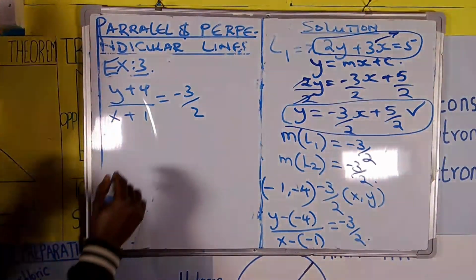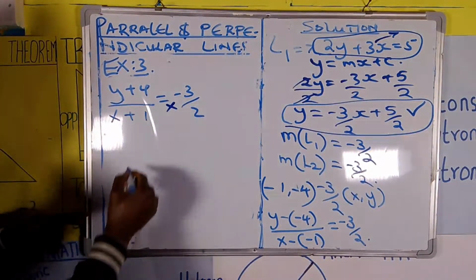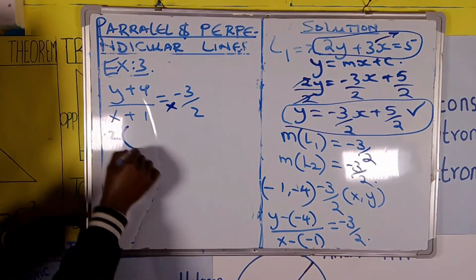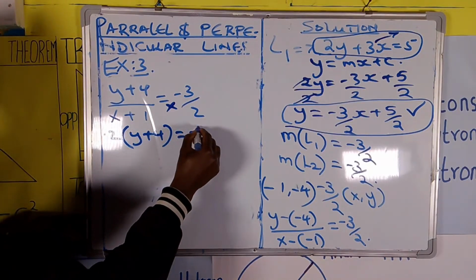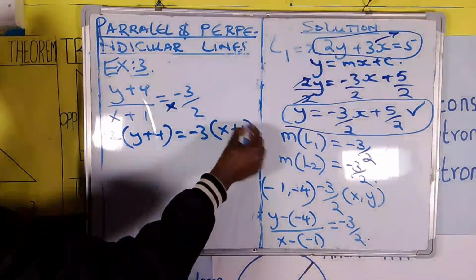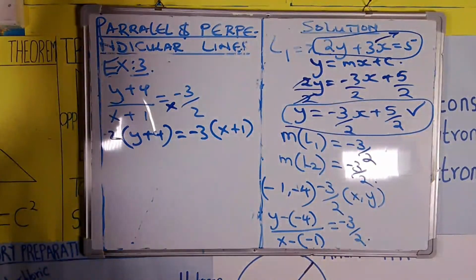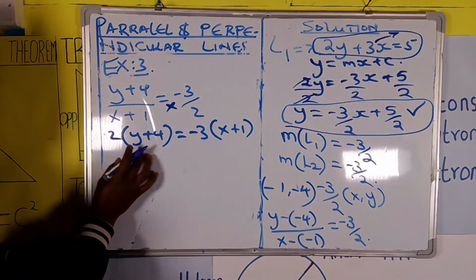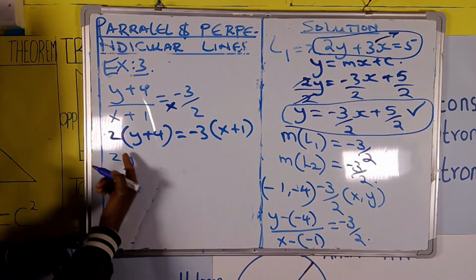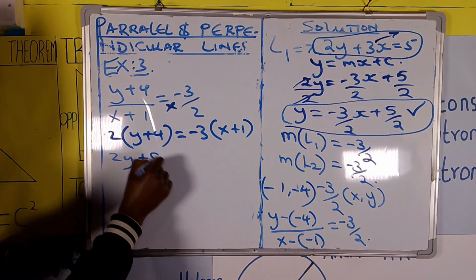So we now have to cross multiply and have 2 into brackets y plus 4 is equal to negative 3 into bracket x plus 1. This will give us 2 times y is equal to 2y, and 2 times 4 is equal to 8.